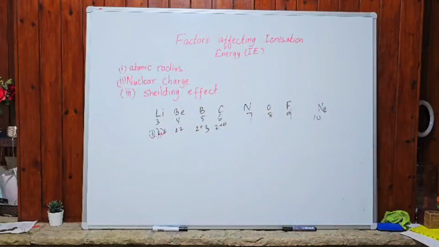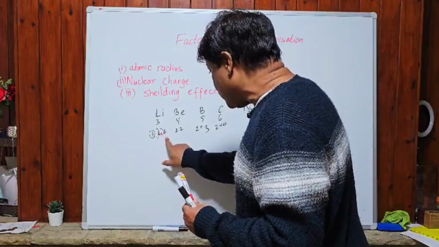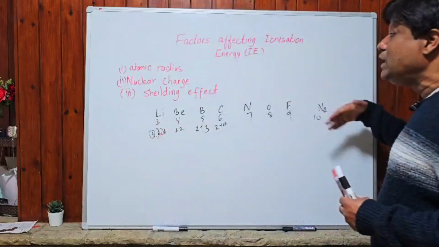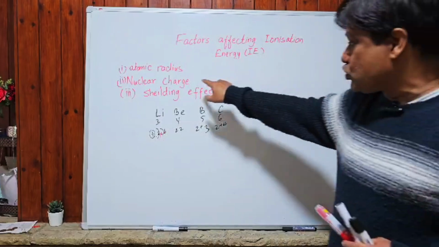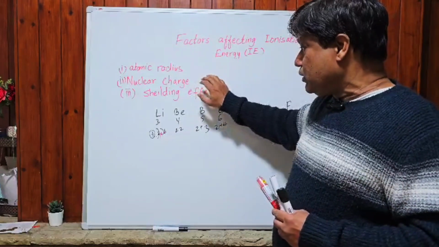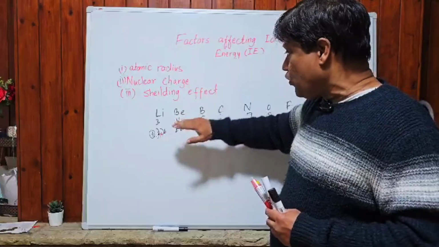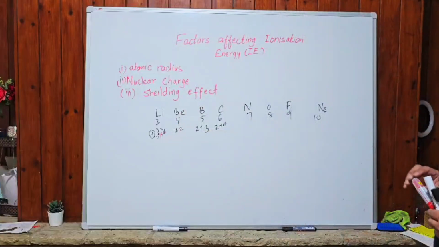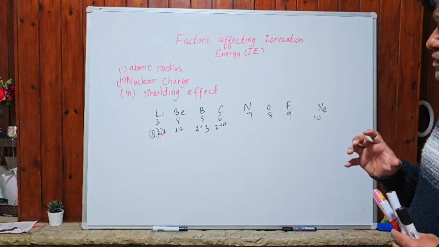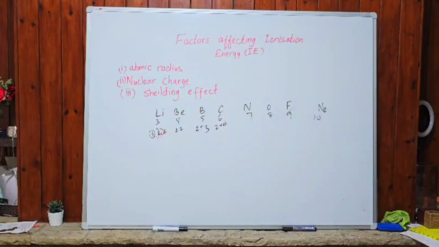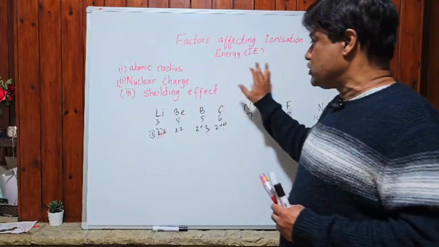So to remove the outer shell electron across the period, we need a lot of energy because of this force of attraction. This is a kind of barrier which we have to take off to remove the outer shell electron. So in a nutshell, as we go across the period, nuclear charge increases, which also increases ionization energy.